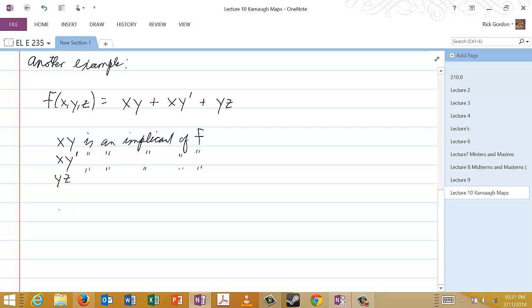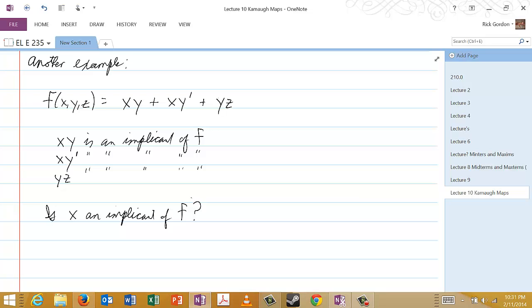And now ask, is x an implicant of f? You remember we asked a similar question before, but be careful with your answer to this problem. Do you think x is an implicant of f in this case or not?